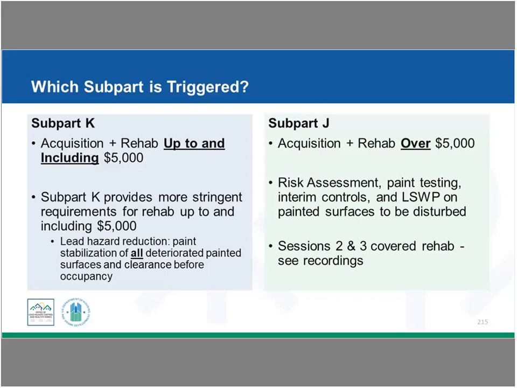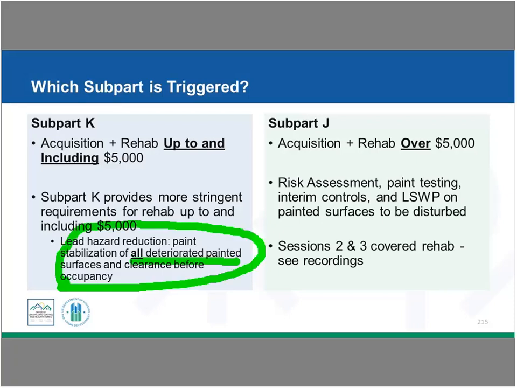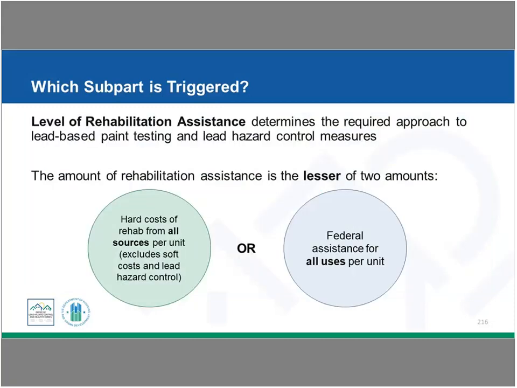Let me get set up here with a pen just to mark this. But that's the key here, that we're doing all deteriorated painted surfaces. And under Subpart J, we're kind of used to looking at only painted surfaces that are being disturbed.